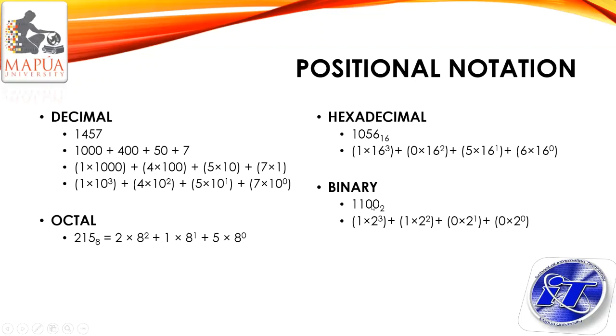The positional value for the first 0 is 2 raised to 0, the next 0 is 2 raised to 1, the 1 is 2 raised to 2, and the leftmost 1 will have a positional value of 2 raised to 3. Okay? So definitely 2 raised to 3 compared with 16 cubed, 2 cubed is smaller.